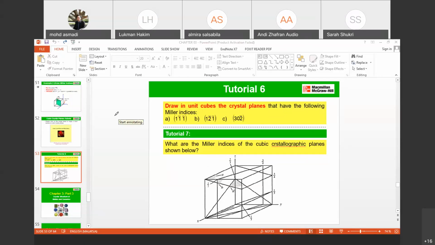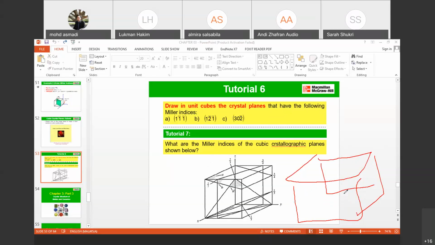Anyone for B and C? If you look at Zafran and Almira, they are drawing like this. This is after moving the cube. The new origin is here.